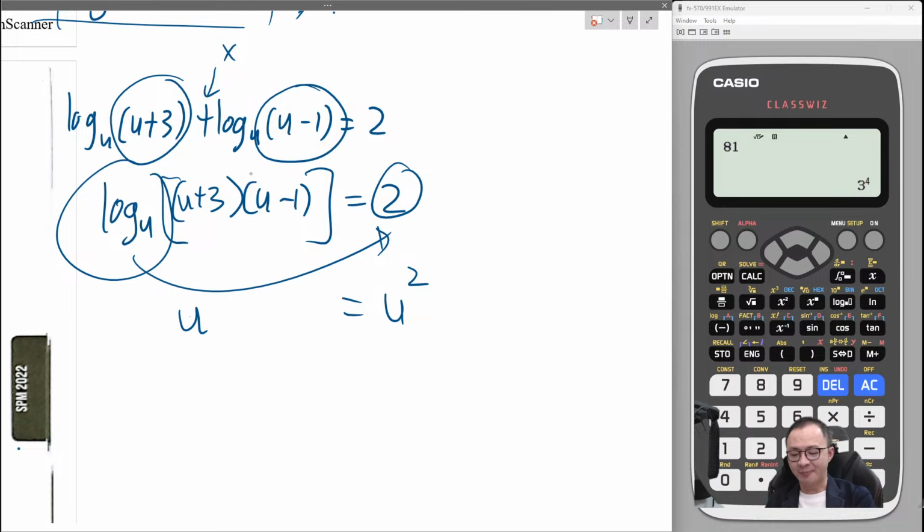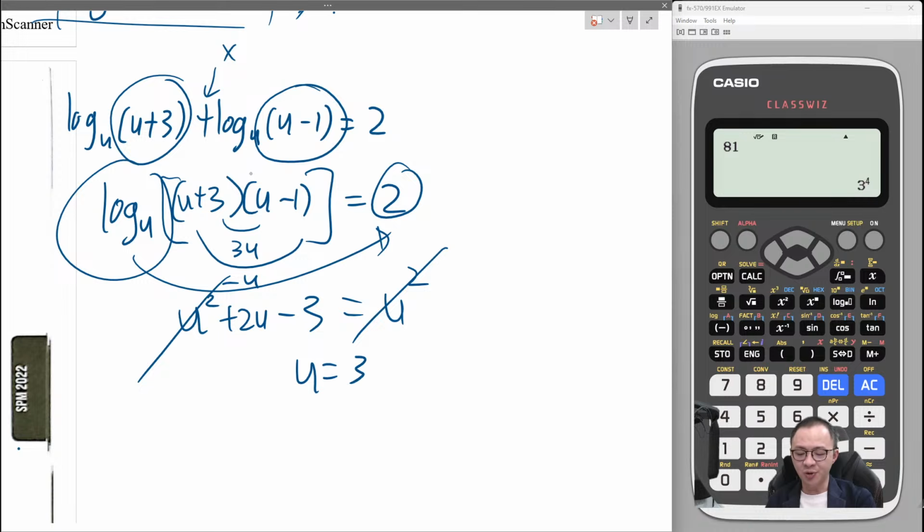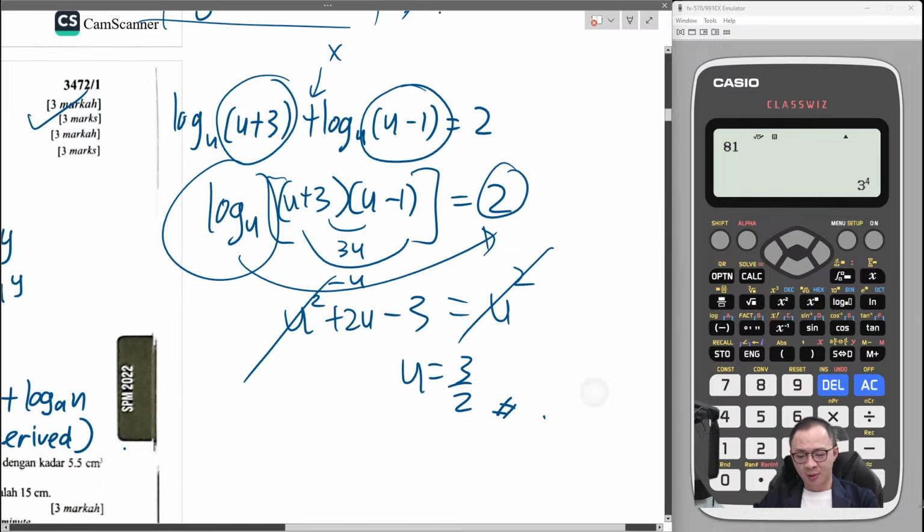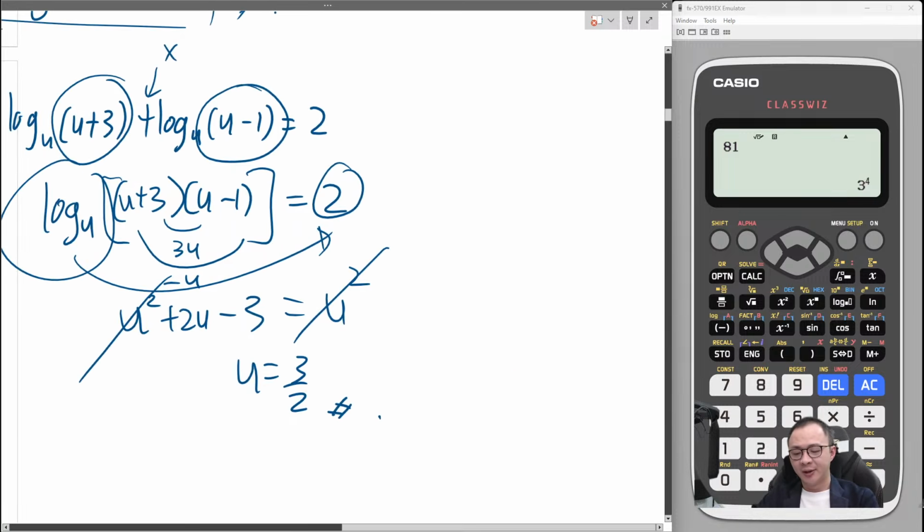Then here we expand: u square, this one gives me 3u, this one gives me minus u. 3u minus 1u, we get positive 2u minus 3. So u square and u square cancel, u equals 3 over 2. Okay, it's not really hard. In fact, it's quite easy if you understand what is going on here. So nothing special, unless you do not know the log rule. If you know the log rule it is quite okay.